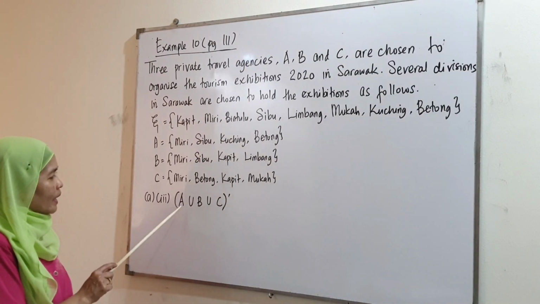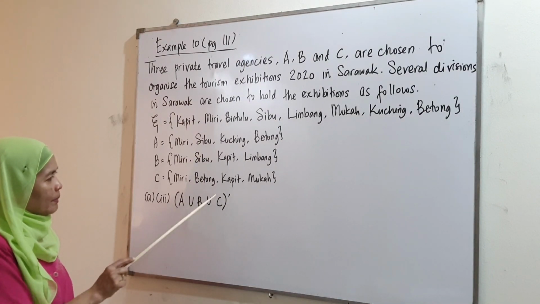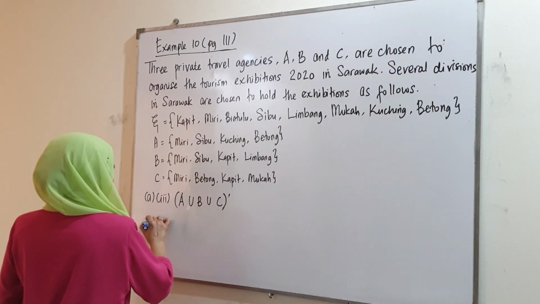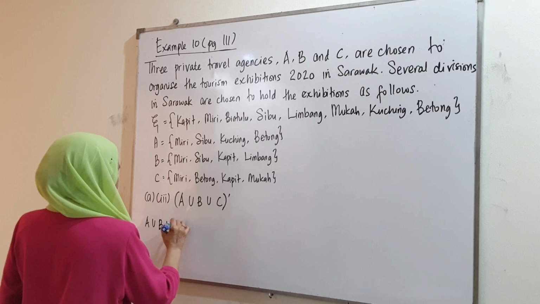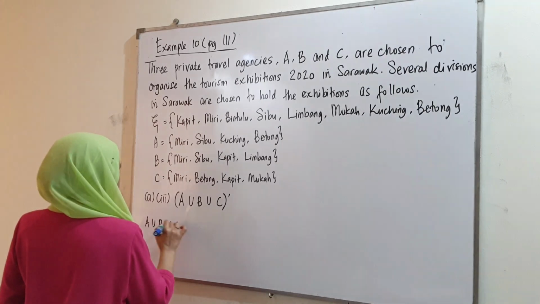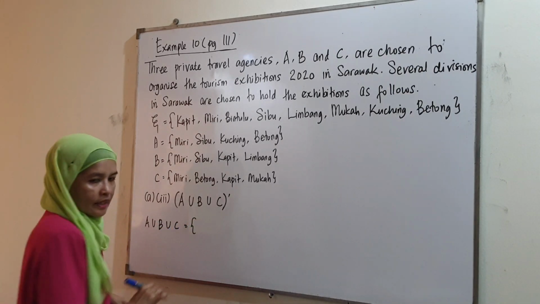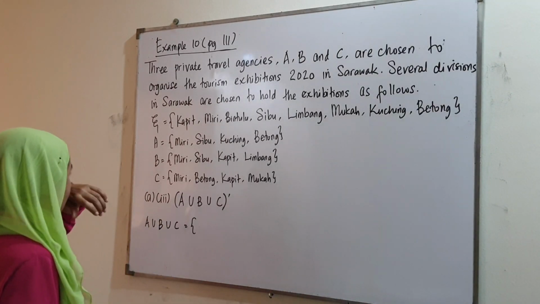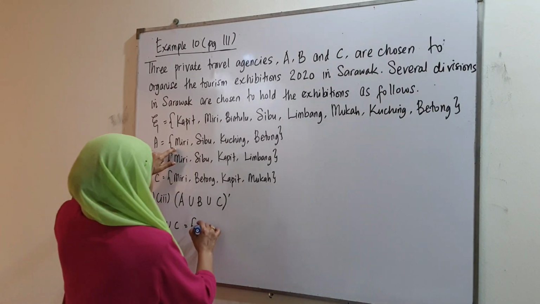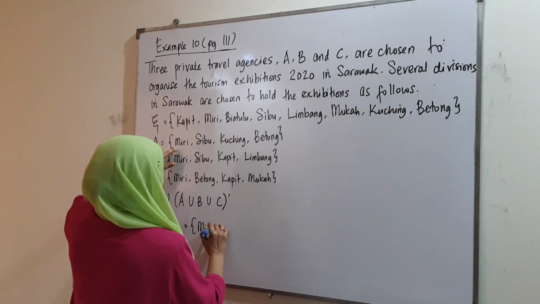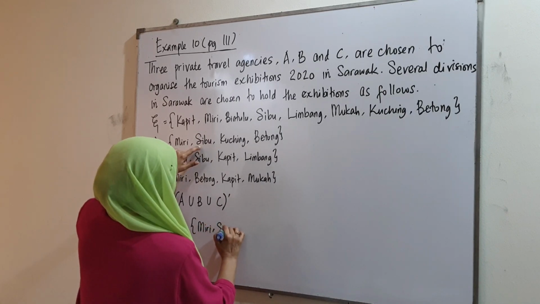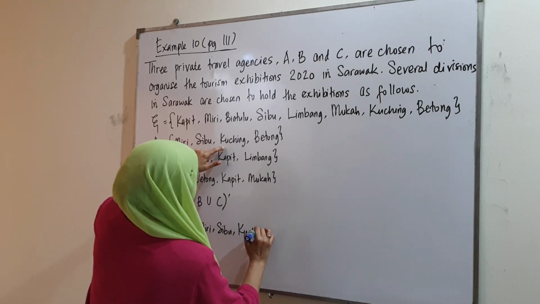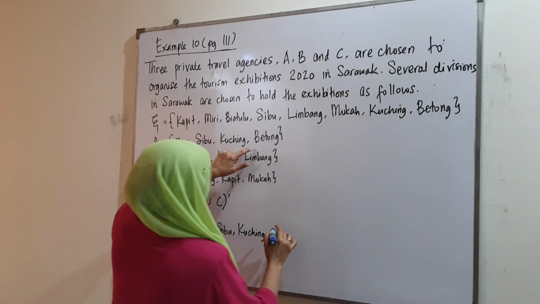A3, A union B union C complement. We have to write A union B union C first. We write A first: Miri, Sibu, Kuching, Betong.